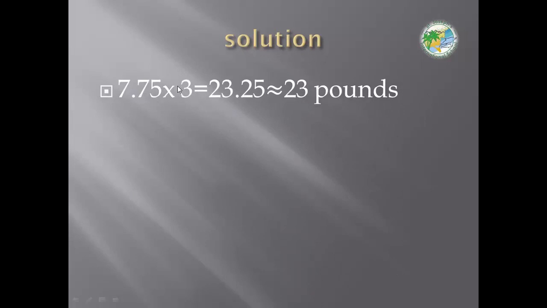7.75 times 3. Let's remember the times table together. 3 times 5, 15, carry 1. 3 times 7, 21, and 1, 22, carry 2. 3 times 7, 21, and 2, 23. The decimal point after 2 digits. What is the meaning of to the nearest pound?